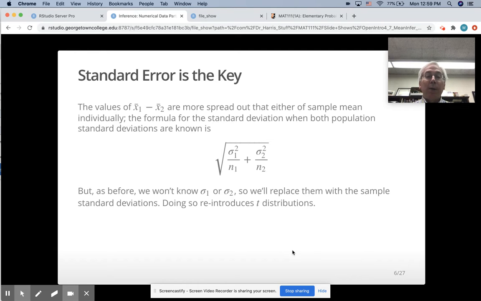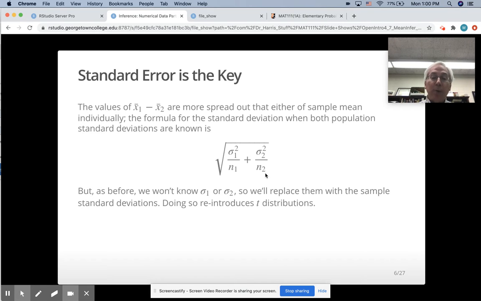And so the expression here, sigma 1 squared over n1, is just the square of the standard deviation for a single population 1. This would be the square of the standard deviation for population 2. So we're going to add those two things together and then take the collective square root to get our standard deviation for the distribution of x1 bar minus x2 bar.